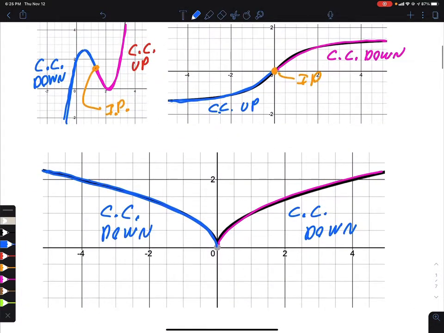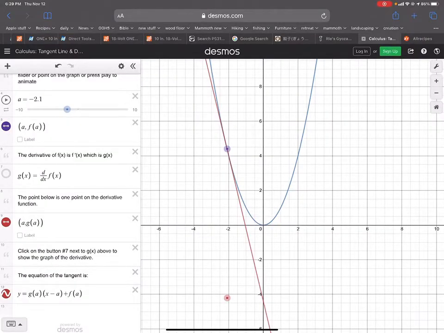Now, this graph is clearly concave up. Now let's look at the slope of the tangent lines, which are the derivatives. Right now, it's big negative, right? As I move to the right, it gets smaller negative, smaller negative, 0, then bigger, bigger, bigger.